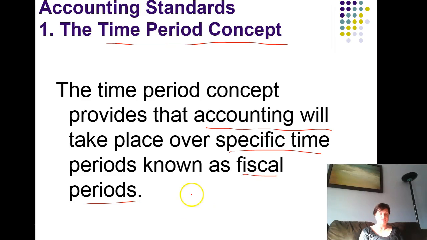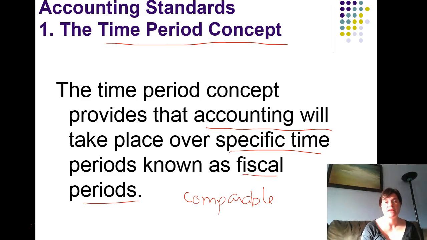That way, the financial statements are going to be comparable, because when we look at an income statement from last year and an income statement for this year, we know that they both show 12 months of income, and so we can compare them. If one only showed 9 months of income and another one showed 10 months of income, we couldn't compare them as easily. So specific periods of time.